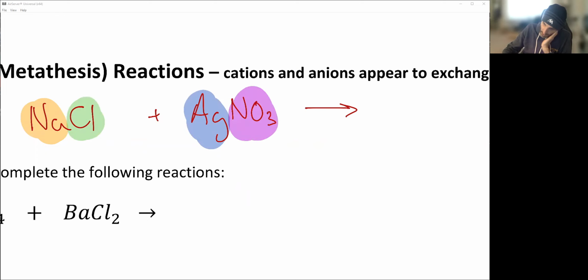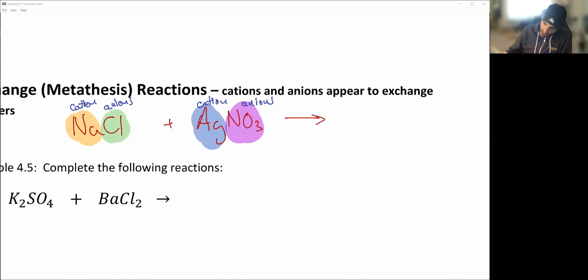What we're going to do is have the cations switch partners with the anions. The silver and the chloride came together, but on the other side, we're just going to have them switch partners. Let's see what we actually have here. I have Na plus, Cl minus, I have Ag plus, and NO3 minus.